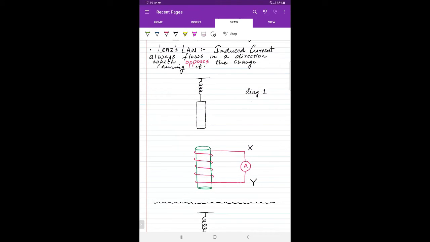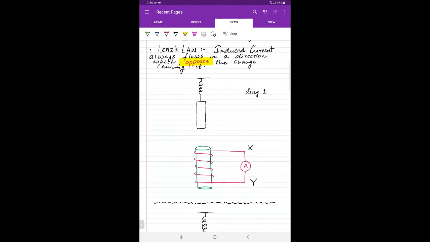So he stated in his law that the induced current is always going to flow in a manner so as to oppose the motion of the magnet. So let me repeat the statement.